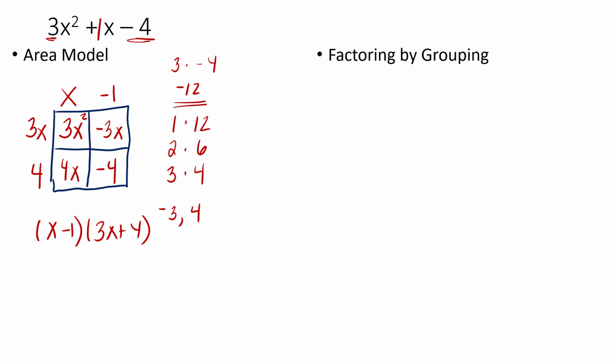Factoring by grouping. So for factoring by grouping, I am going to copy this over. And in factoring by grouping, you actually start the exact same way. You take the a value and the c value and you multiply them together. So a times c, you've got 3 times negative 4, which is going to give you the negative 12.